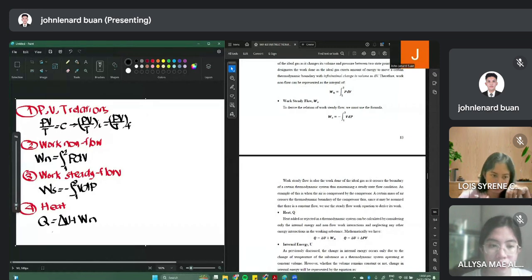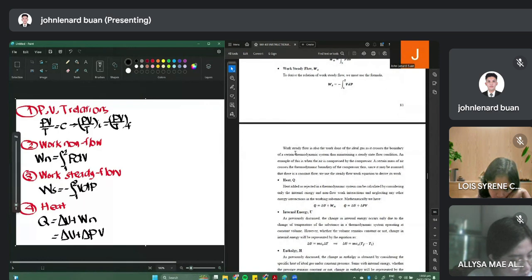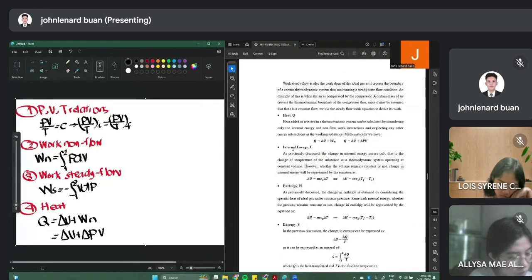Again, work done flow is simply equal to delta PV, which gives us an equation for heat as internal energy plus delta PV. I do hope you still recall these equations from the topic of forms of energy. The last three are more on recalling.